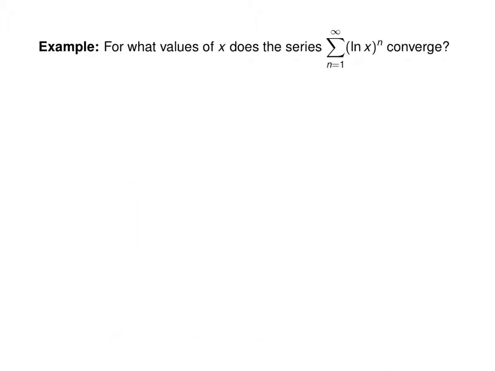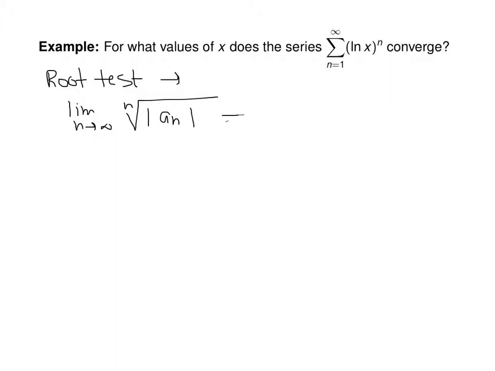Now the last test we had was the root test, and we can use that test to figure out for what values of x the sum from n equals 1 to infinity of ln x to the nth power converges. So let's apply the root test. We will have convergence if the limit as n goes to infinity of the nth root of the absolute value of a sub n is less than 1.